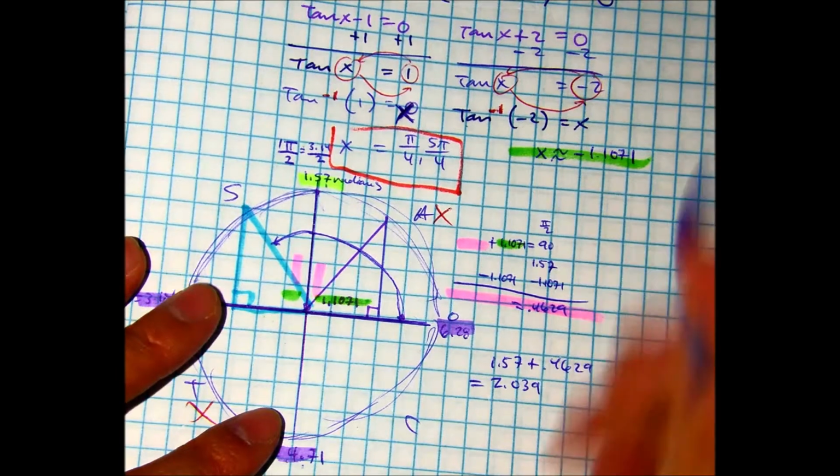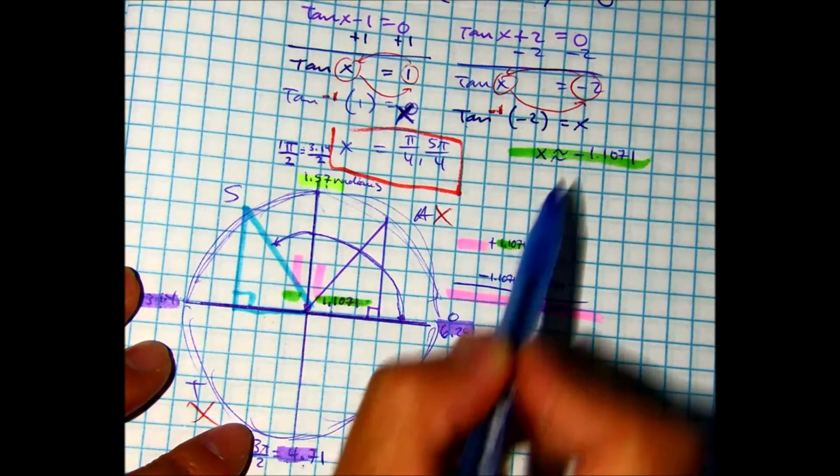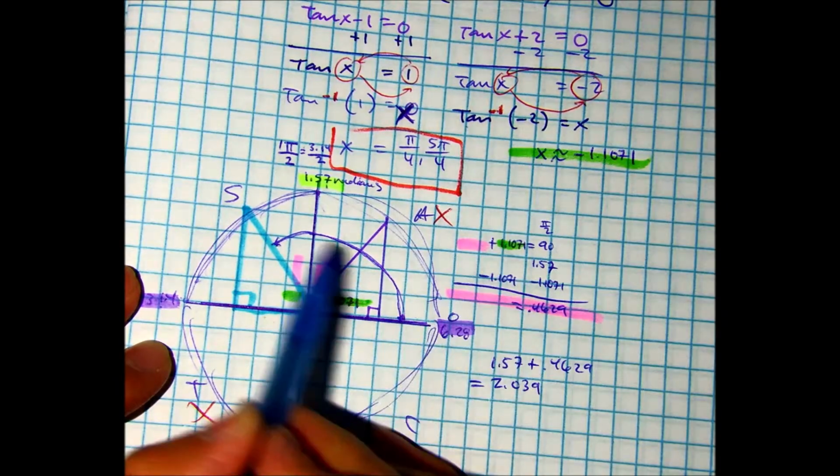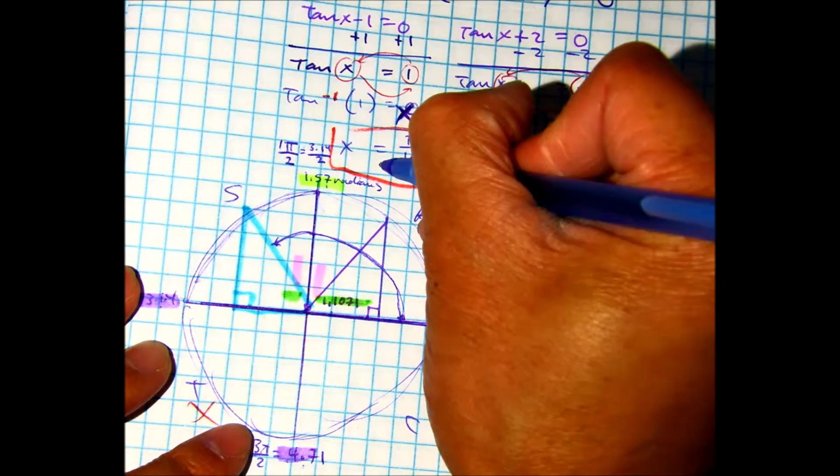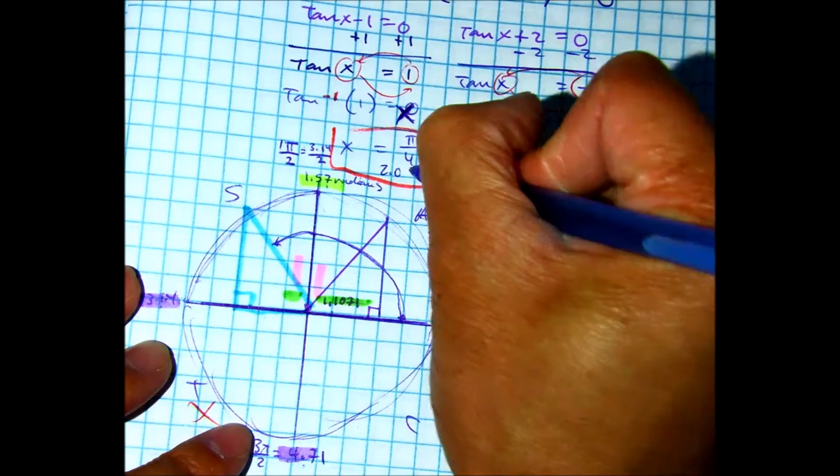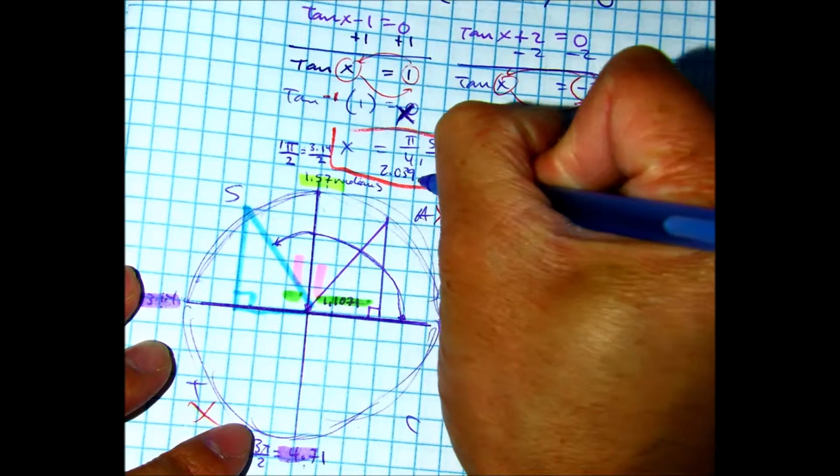What does that mean? The tangent where it's -2 is in quadrant 2, and the other angle is measured in 2.0329 radians. Okay?